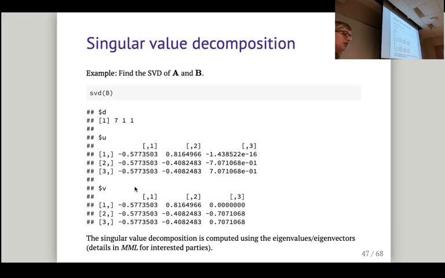What were the eigenvalues of B? 7, 1, 1. The eigenvectors are here. So for square matrices, singular value decomposition is the eigen decomposition. And there are details in the textbook if you want to know how this all works out.